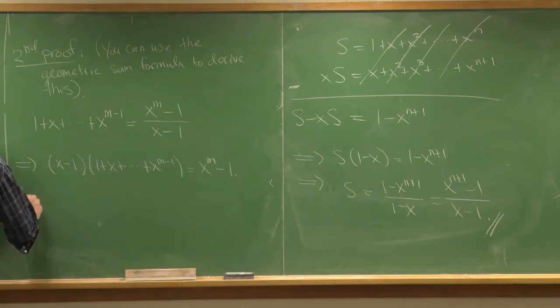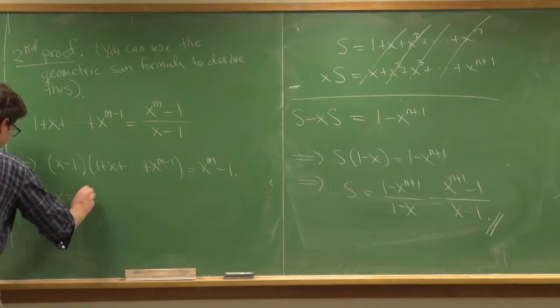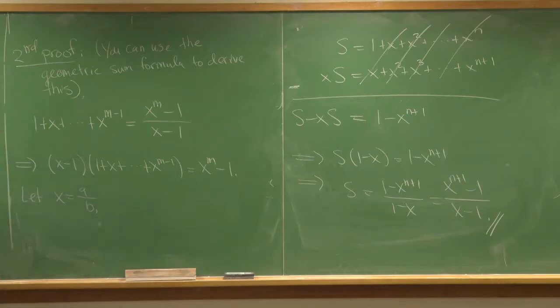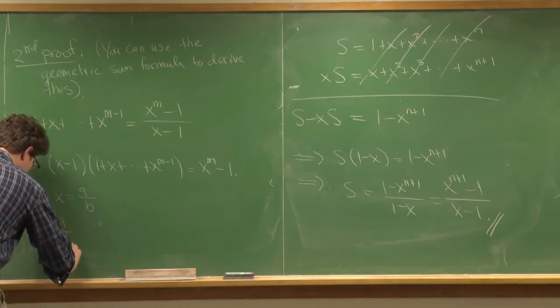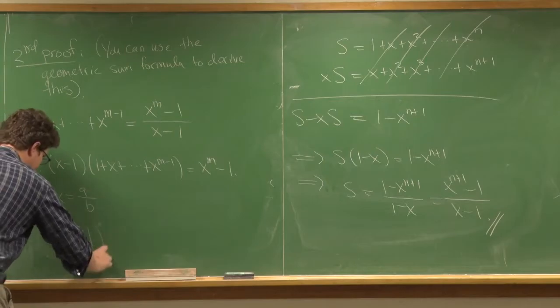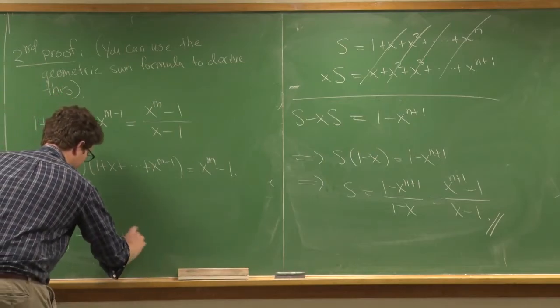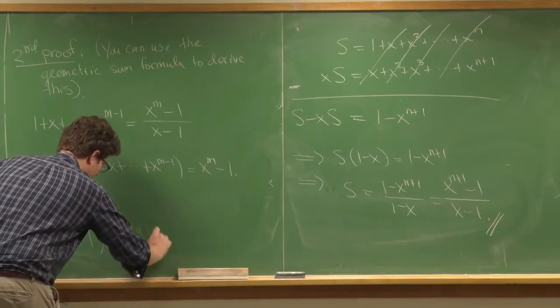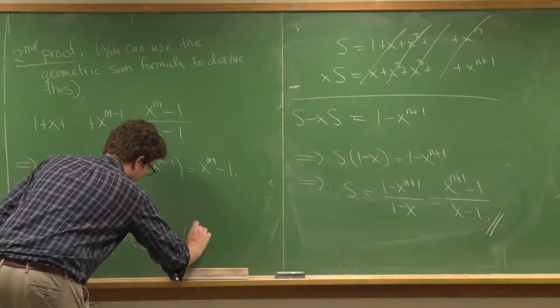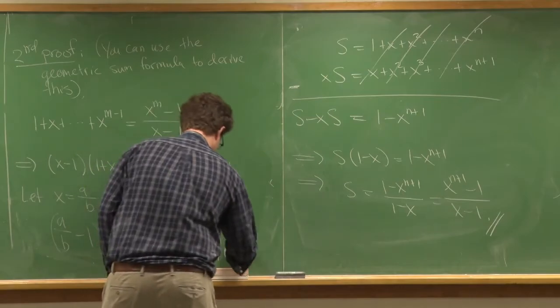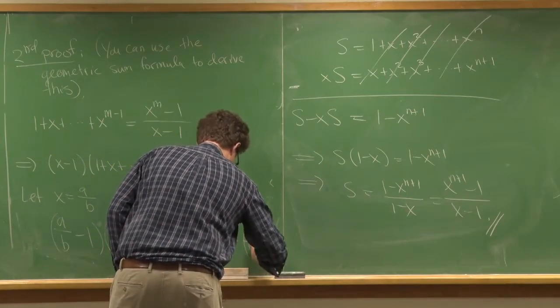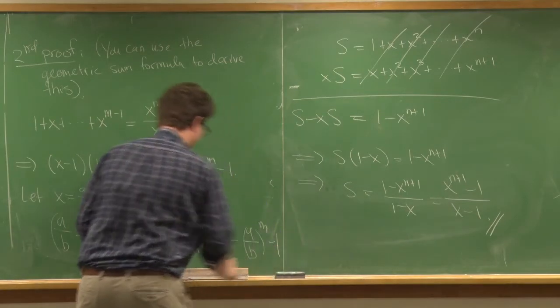So if we let x be equal to a over b, right, then what does this give us? So this gives us a over b minus 1. And then we have 1 plus a over b plus something like this, plus a over b to the m minus 1, is equal to a over b to the m minus 1.